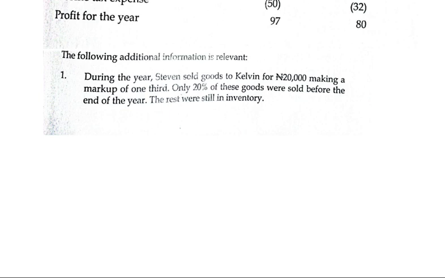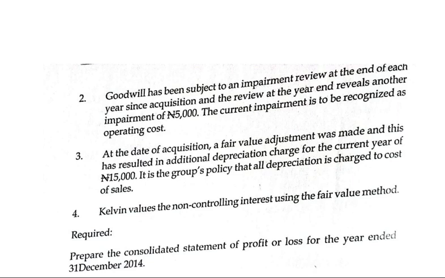Only 20% of these goods were sold. In other words, 4,000 was sold, so the balance is 16,000. Then the sales value here is 20,000. Let me allow you to try it and ask me questions at the end of the day.